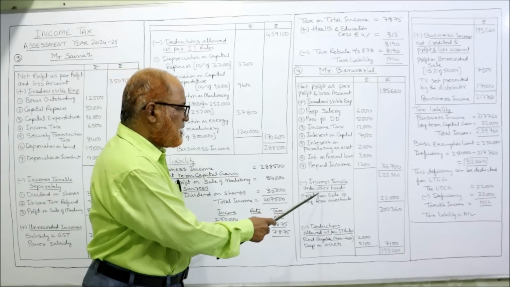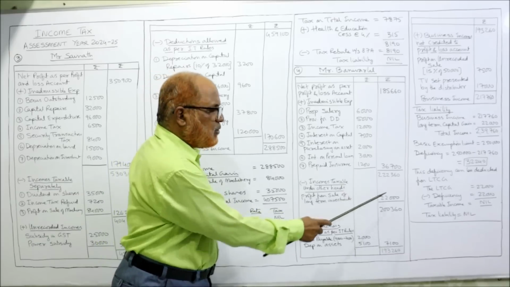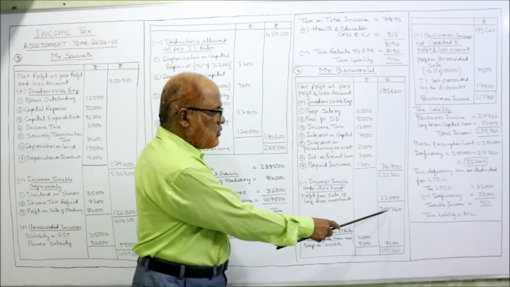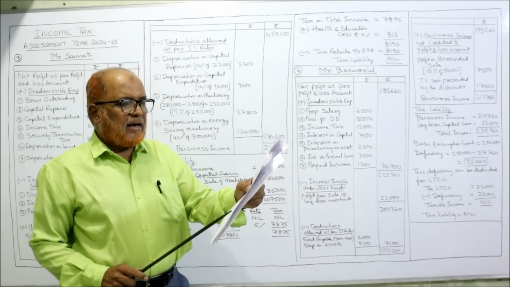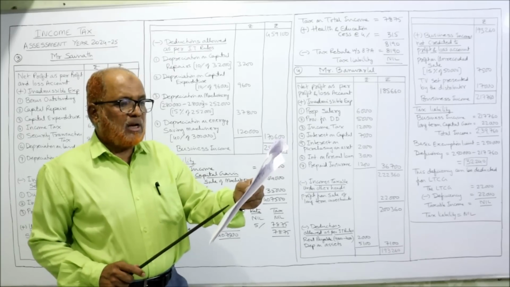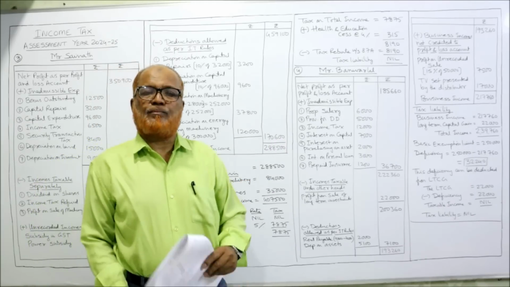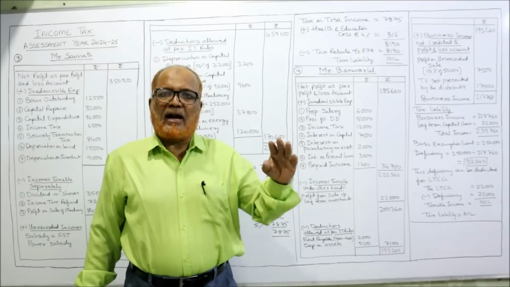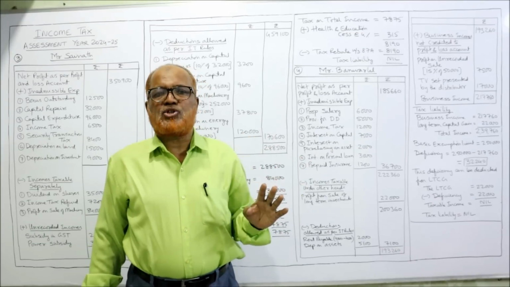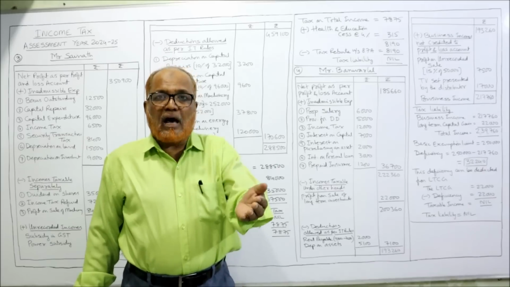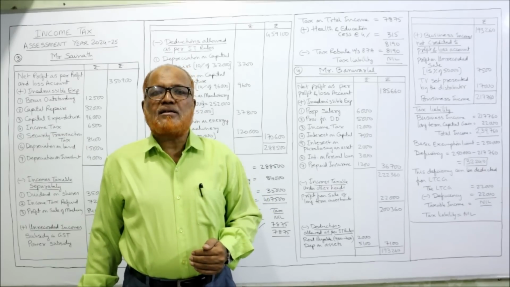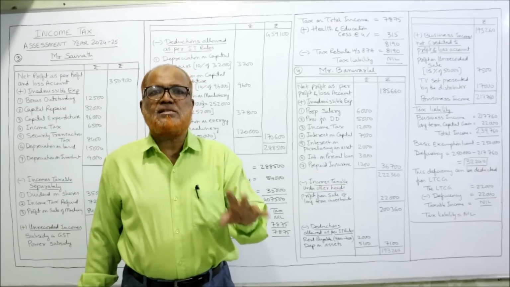Less incomes taxable separately. Profit on sale of long-term investment 22,000. Deduct 22,000. Then bad debts recovered 15,000, allowed earlier as deduction. In the previous year, bad debts was allowed as deduction by the Income Tax Act. Now it is recovered. Income Tax Act says it is a business income.